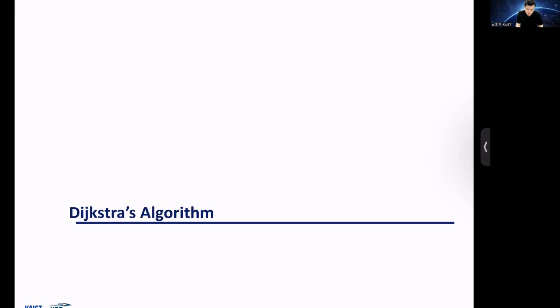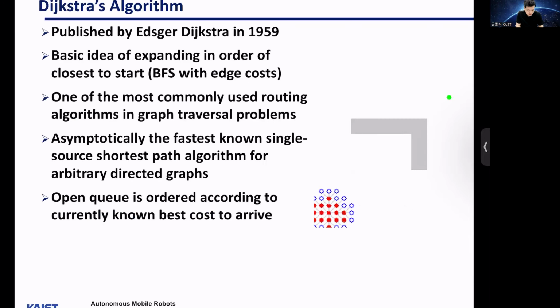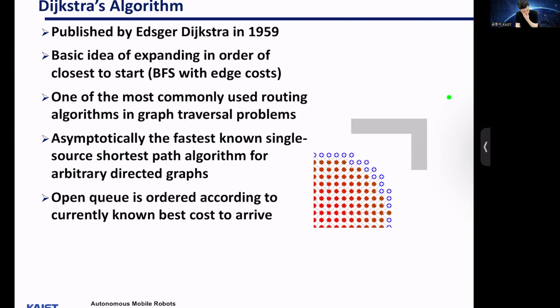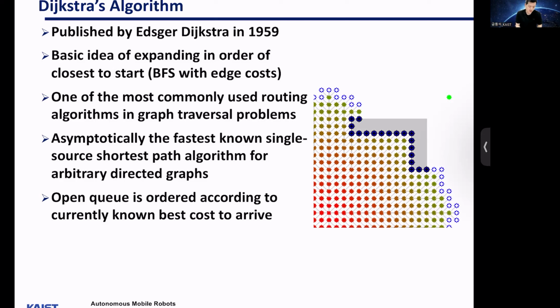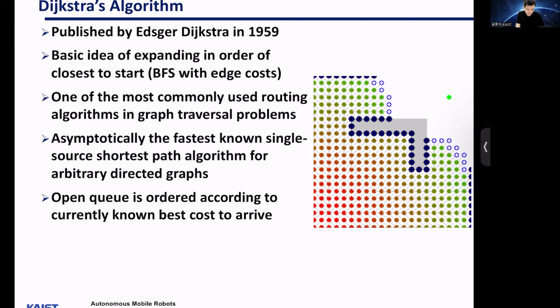So here's Dijkstra's algorithm. This was published by Edsger Dijkstra in 1959. Basic idea of expanding in order of closest to start. One of the most commonly used routing algorithms in graph traversal problems. Asymptotically, the fastest known single source shortest path algorithm for arbitrary directed graphs.